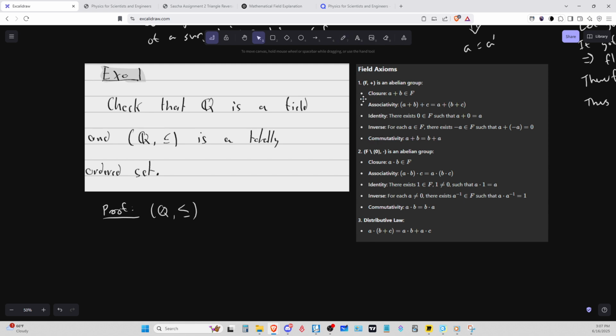So in this part we have to prove closure for addition. Then F without the zero set: closed under multiplication. And the distributive property. Okay.